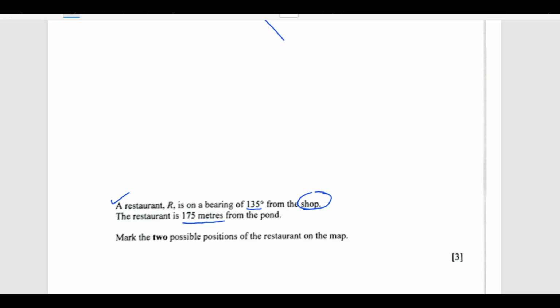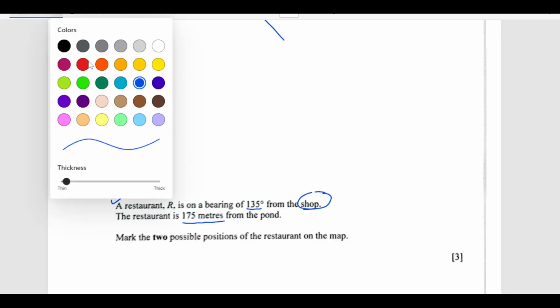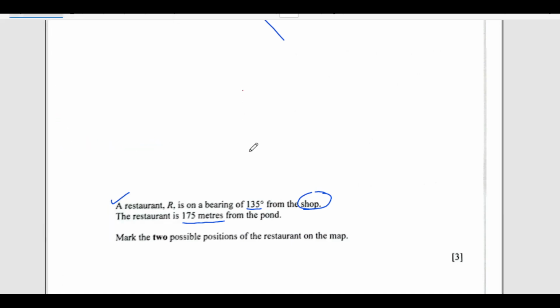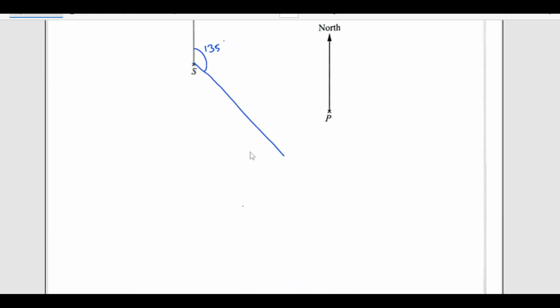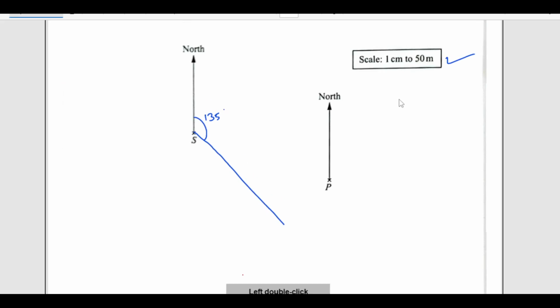Let me rewrite the scale here. The scale here is 1 centimeter represents 50 meters, right? 2 centimeters will represent 100, 3 centimeters will represent 150 meters, and we need 175, so we need 25 more.